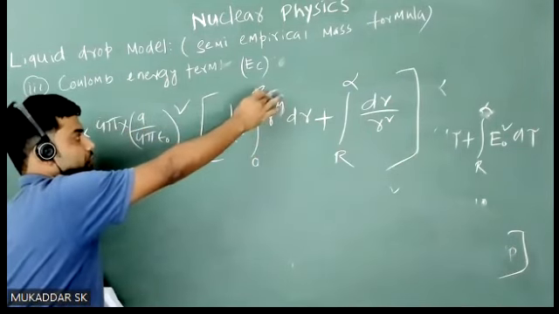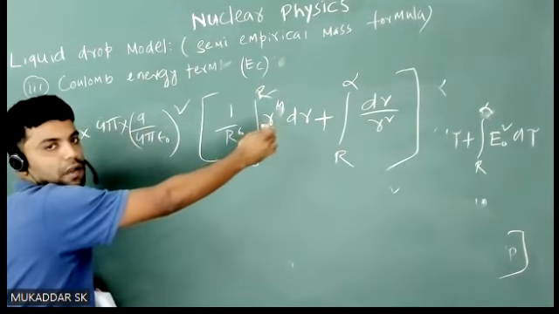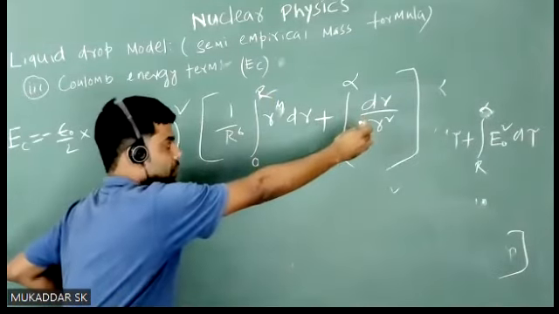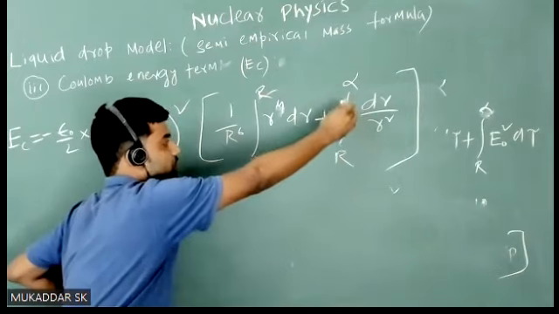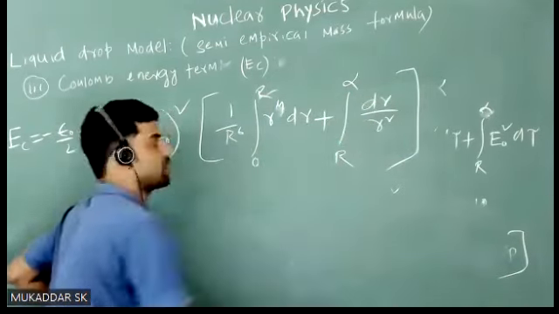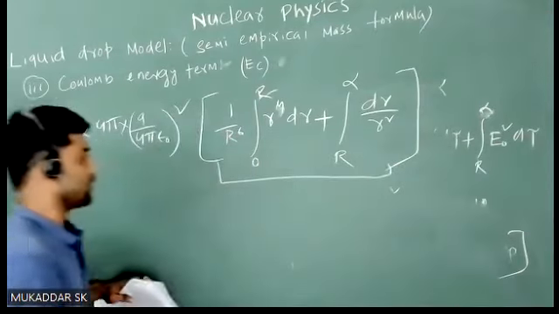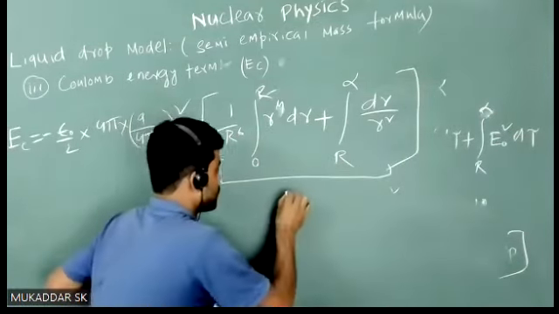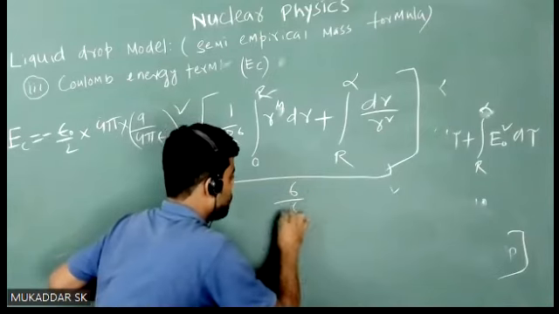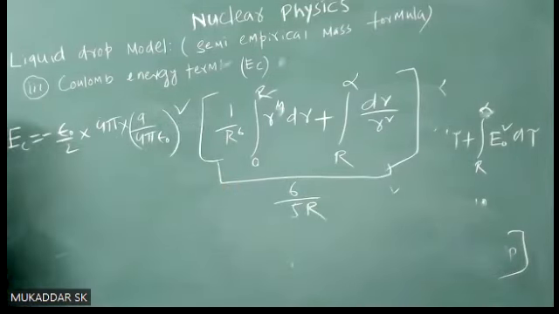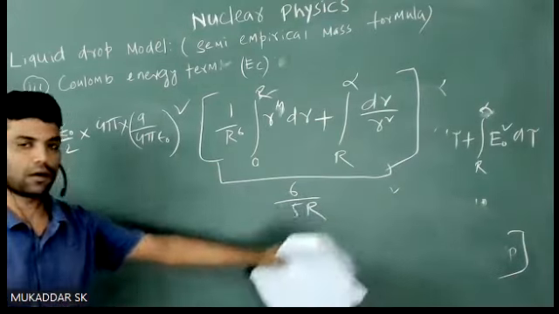If you substitute the upper limit, it will give you capital R to the power 5 by 5, and the other term after solving will provide simply 1 by capital R. So if you solve this integration, how much will you get? Anyone? 6 by 5 into R. Yes, sir, you will get 6 by 5 into R.